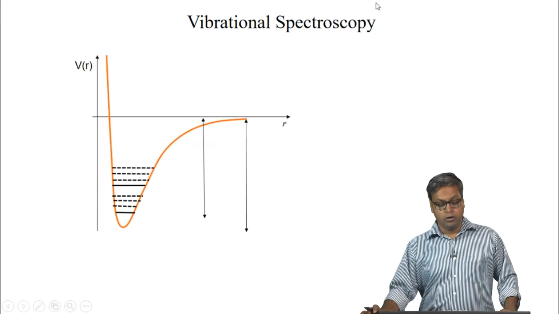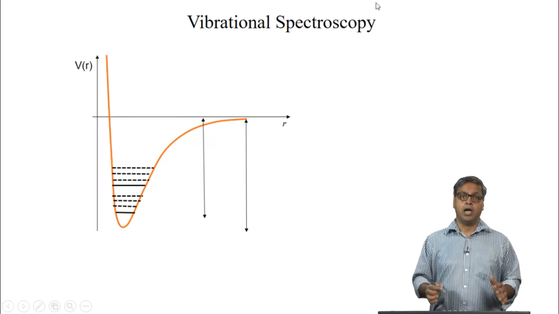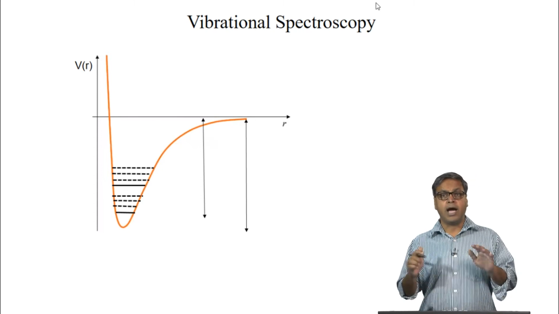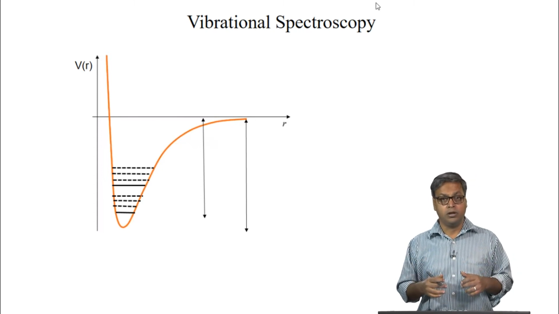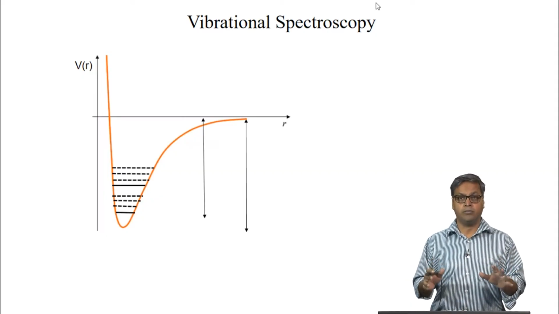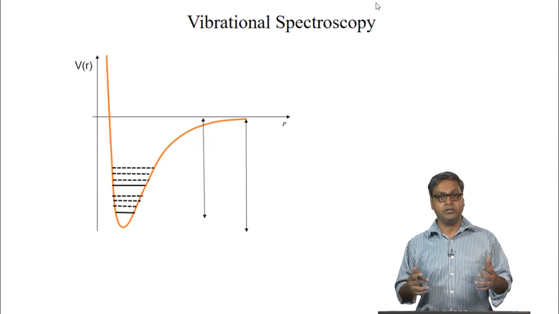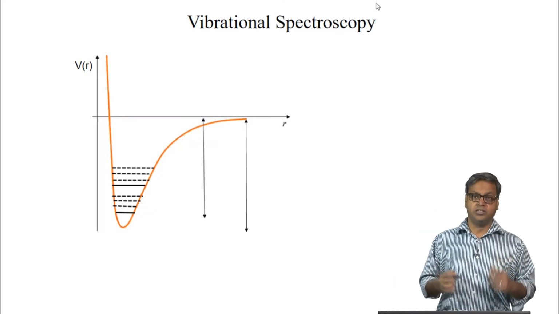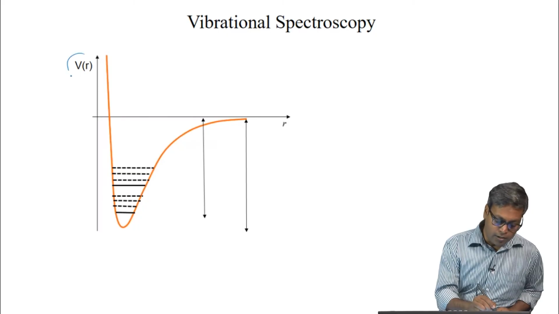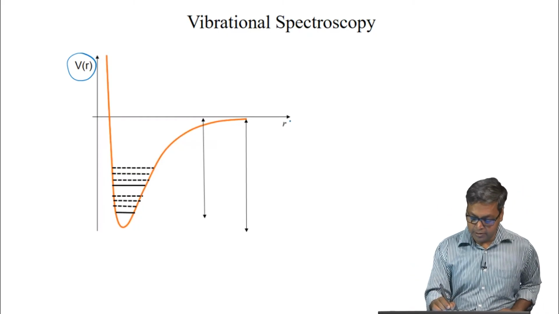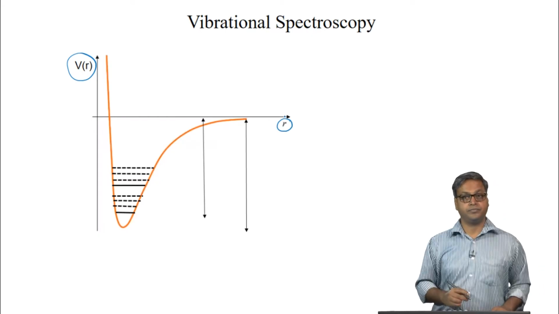So, before we discuss in detail the fine structure associated with the diatomic vibrating rotor, let us look into a typical potential energy diagram, or potential energy surface, of a diatomic molecule. The potential energy, V of r, is plotted as a function of bond length, r.